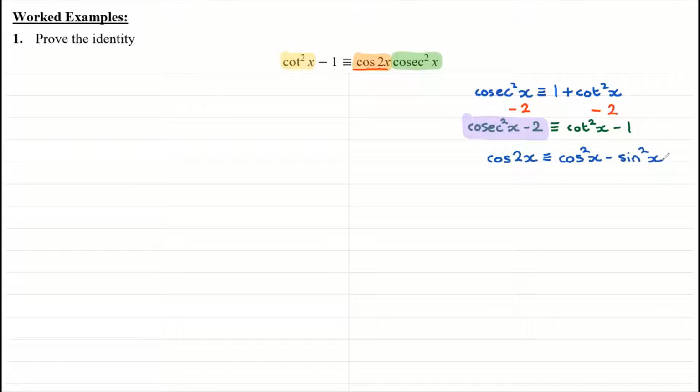And then you can make substitutions using sine squared plus cos squared is 1. And you can get 2 more variations. You can get 2 cos squared x subtract 1. And you can also get the sine version, which is 1 subtract 2 sine squared x. All right. So those are things to be aware of.